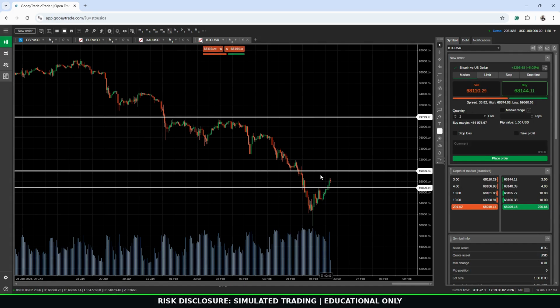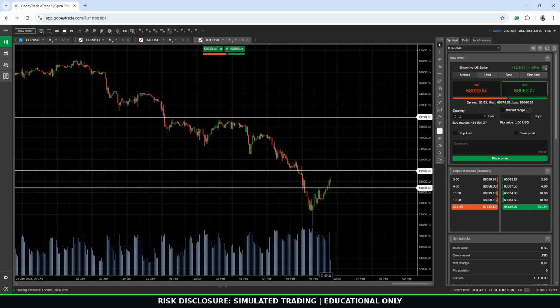If we see a rejection here, yeah, and then that could be an aggressive entry to short the dead cat bounce, targeting 60K and below, or another entry would be rejection coming below the 66,800, excuse me, and then we would pretty much enter at this breakout level.